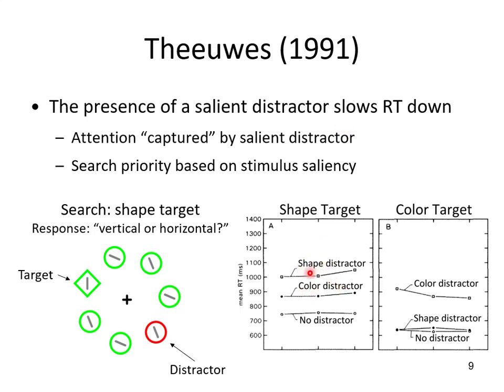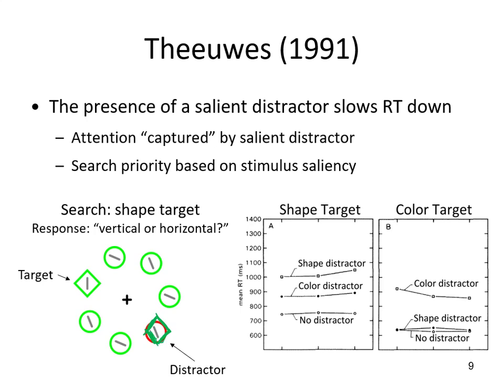Then you may ask, what is this shape distractor? Okay, this shape distractor means you actually do not have this red distractor, but then you have another shape distractor, which is in green.